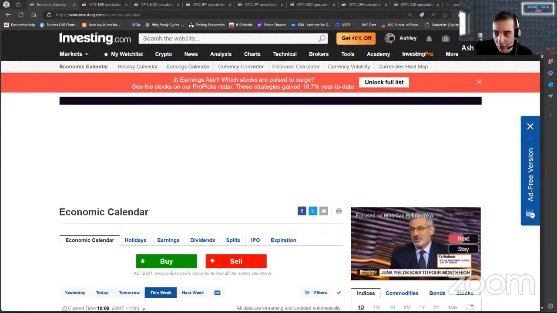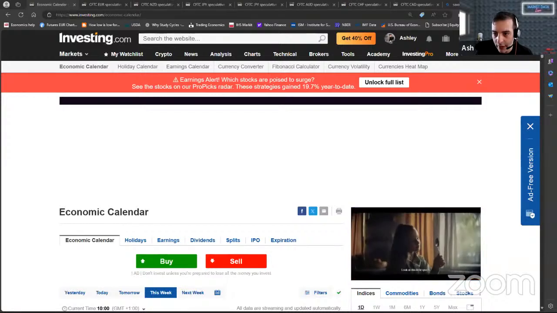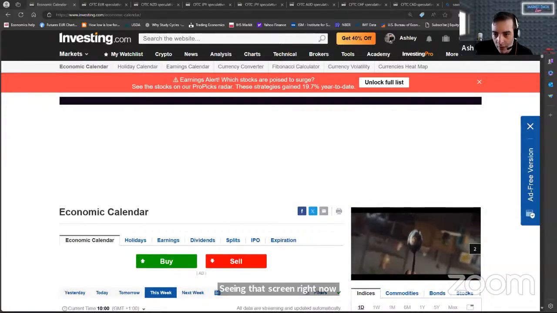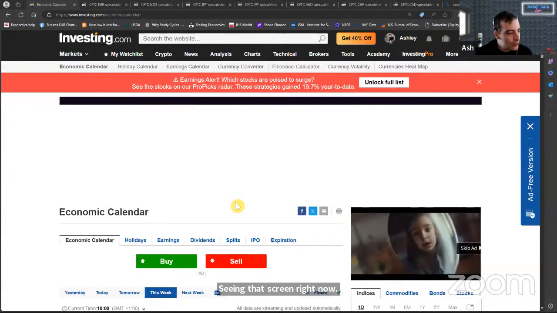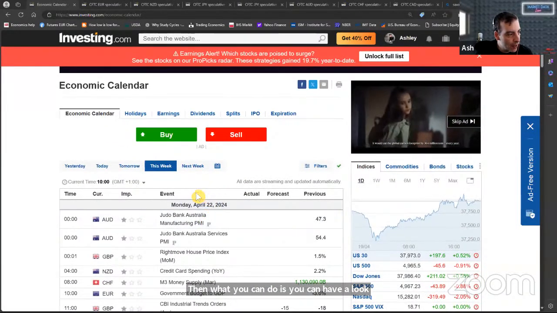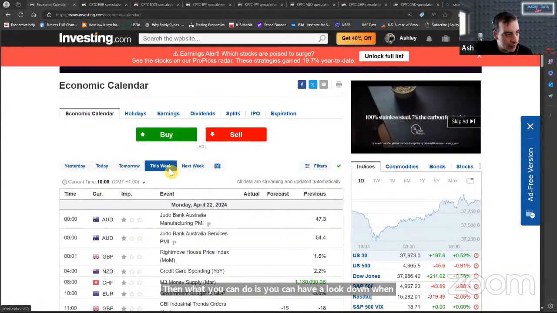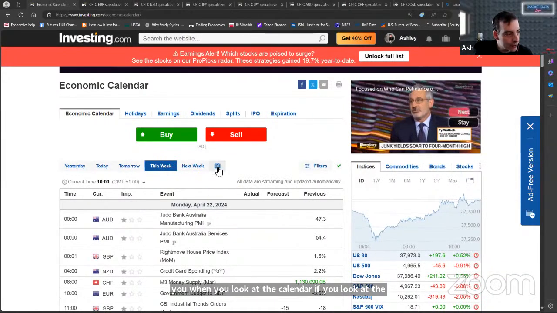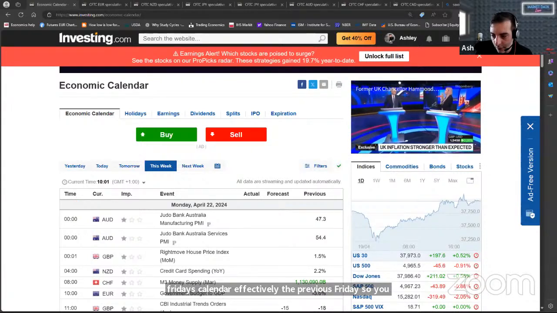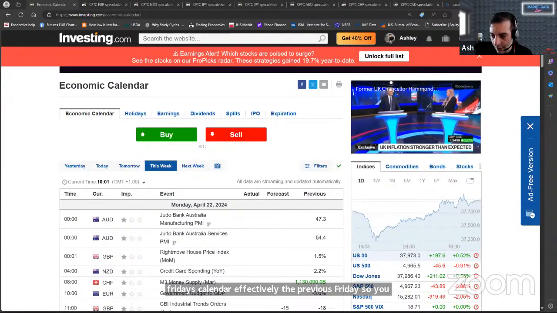If you go to investing.com, which I'm hoping you're seeing on the screen right now, then you can have a look down when you look at the calendar. If you look at the Friday's calendar, effectively the previous Friday, you go to your calendar here. I'm going to bring this up.